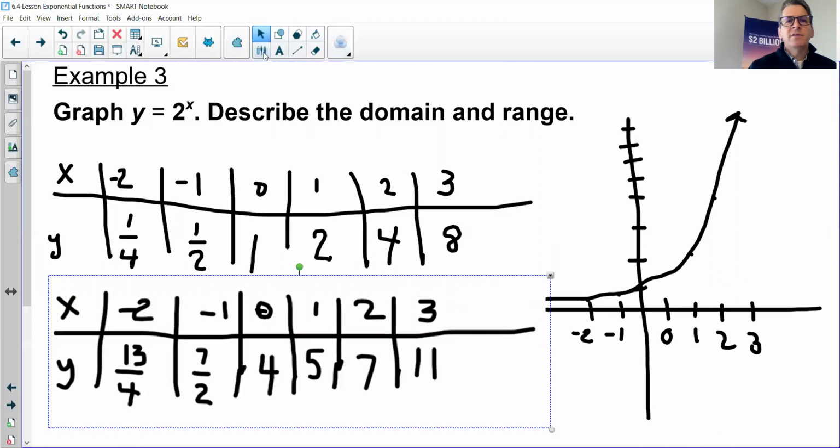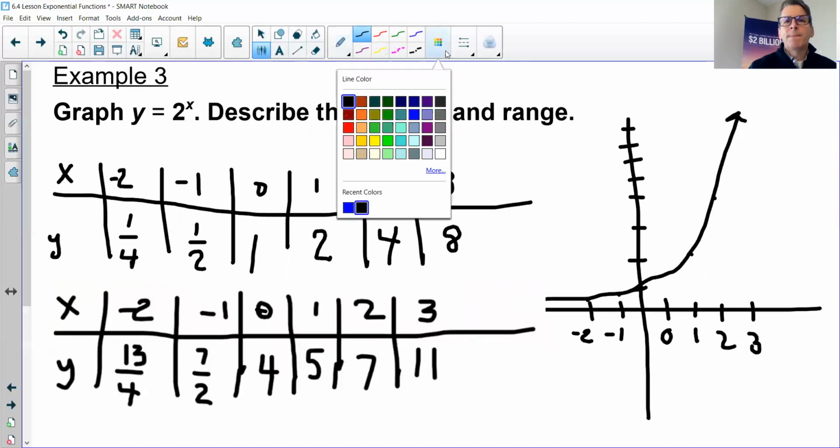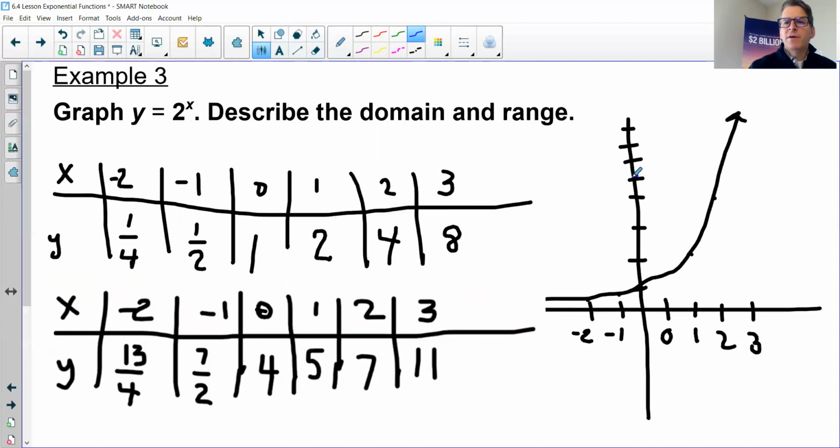Okay, so if I can just graph this one in blue. So at 0, I'm at 4. At -1, I was at 7/2, which is about 3.5.